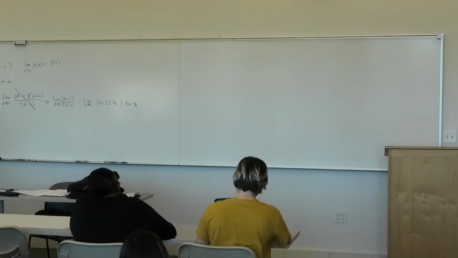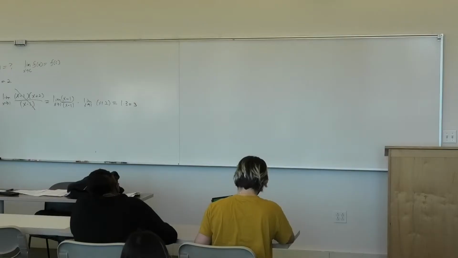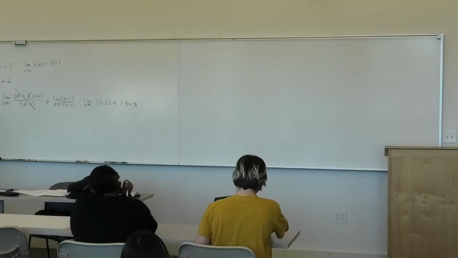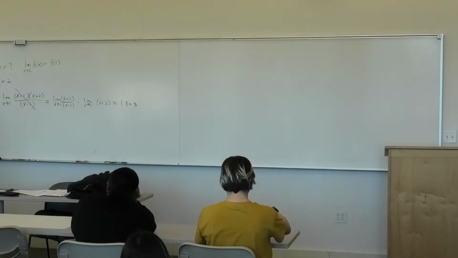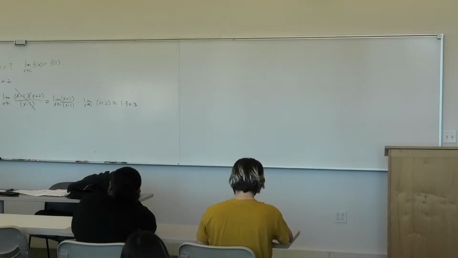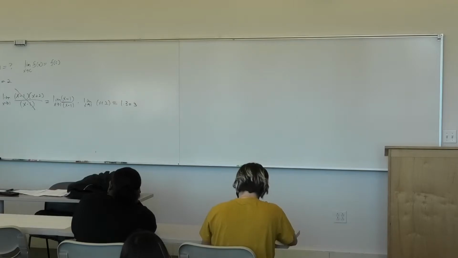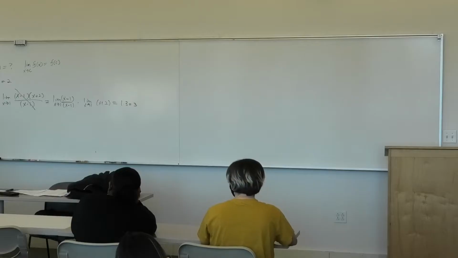Number 3, the limit as x approaches 9 of square root of x over x. Well, there's a couple ways you could think about this. The most simplistic way that this happens to work is I think I can plug in those numbers.